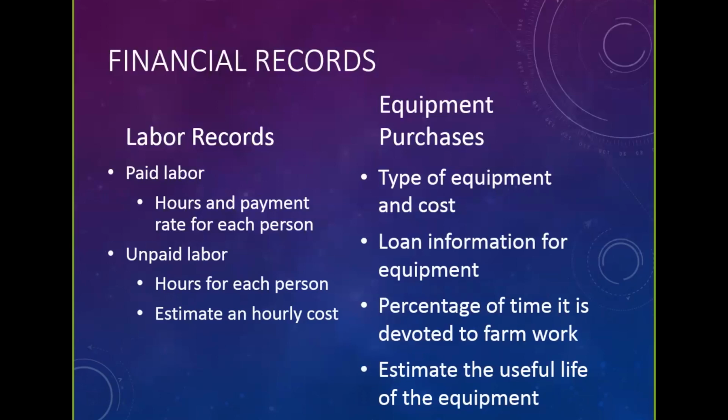If you don't, even if it's 100% farm use and you don't have that log, the IRS will only allow you to claim 75% of the cost associated with operating that vehicle for the farm, unless you have a log that shows it's 100%. And you should also estimate the useful life of your equipment. There may be certain standard useful lives for equipment that you should talk with your accountant about. And this will be helpful when it comes to calculating depreciation, which we'll talk about shortly.